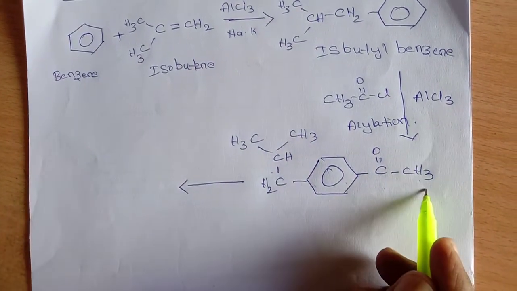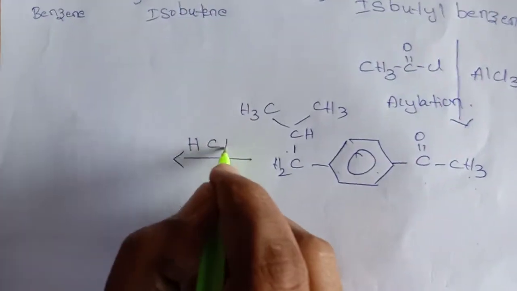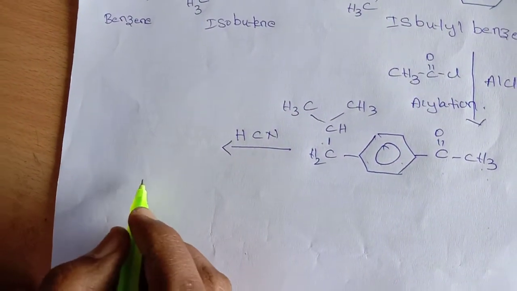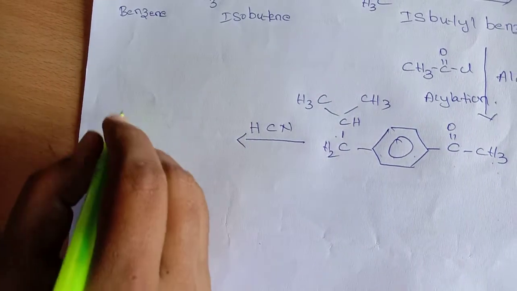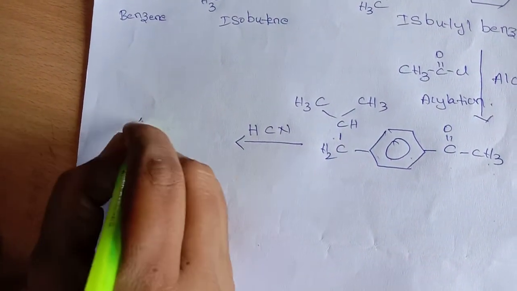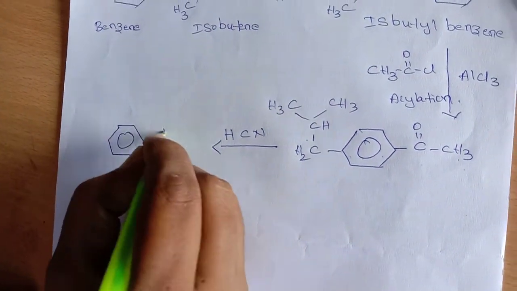Now this isobutyl acetophenone must be treated with hydrogen cyanide, such that we will get a cyanohydrin derivative.